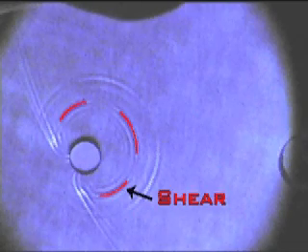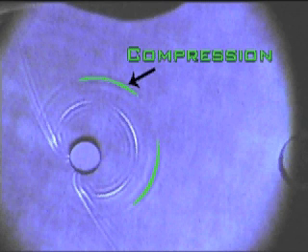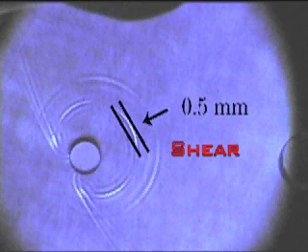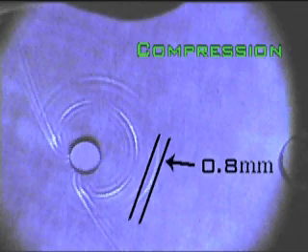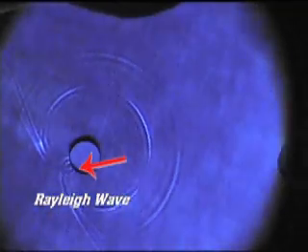The associated wavelength of the two modes, as well as their positions in time and distance from the target, can be used to verify the modes. The wavelength of the shear mode is measured at about 0.5 millimeters, and the compression mode is about 0.8 millimeters. As the shear wavefront progresses, the second critical angle is reached at the curved surface, and a Rayleigh wave forms.